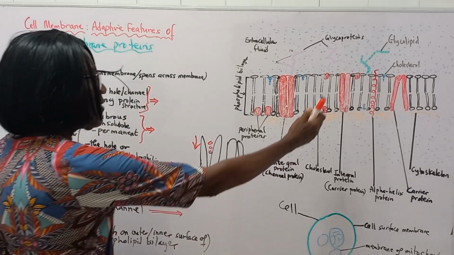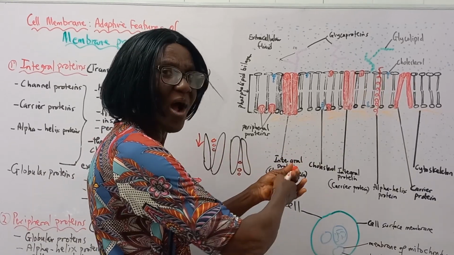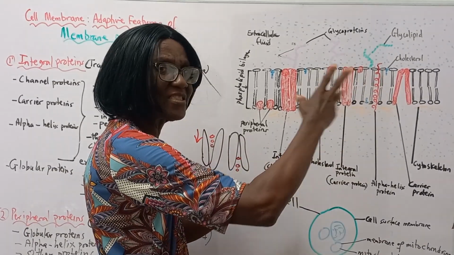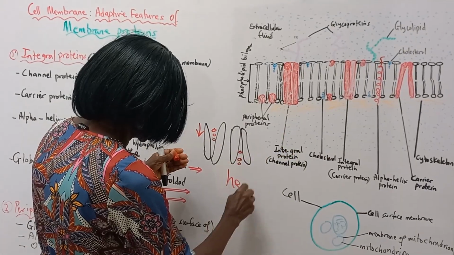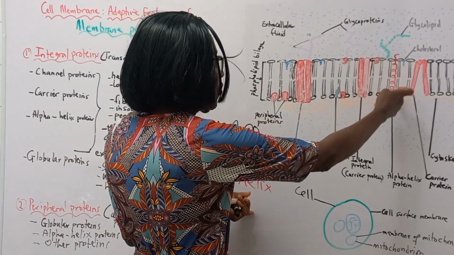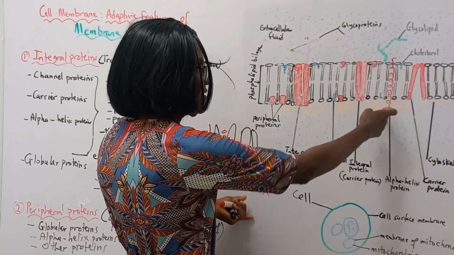Then we have alpha helix proteins. They are proteins whose amino acids have been put together in such a way that they are joined as a helix. They also have pores that transport ions or other polar substances.